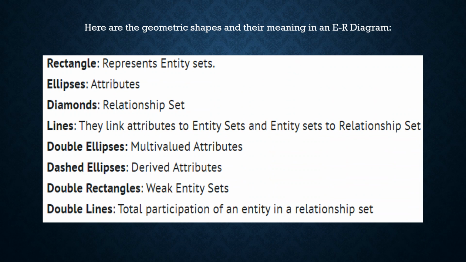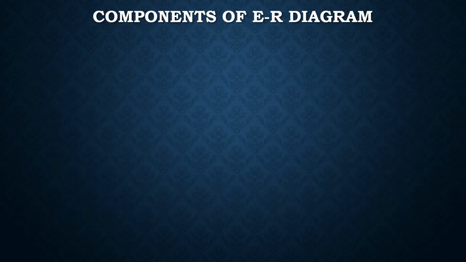To recap: a rectangle indicates entity, ellipse attributes, diamond relationship, lines establish the link, double ellipse multi-valued attributes, dashed ellipse derived attributes, double rectangle weak entity sets, and double lines the total participation of an entity in a relationship set.